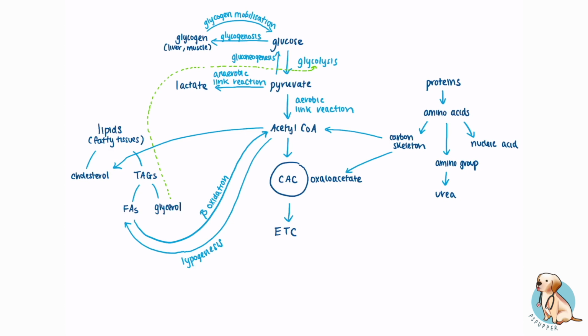So, alcohol is also known as ethanol. Okay, so ethanol gets converted into acetaldehyde, which becomes acetate. And this acetate goes back into the citric acid cycle. Okay, that's pretty much it for alcohol.